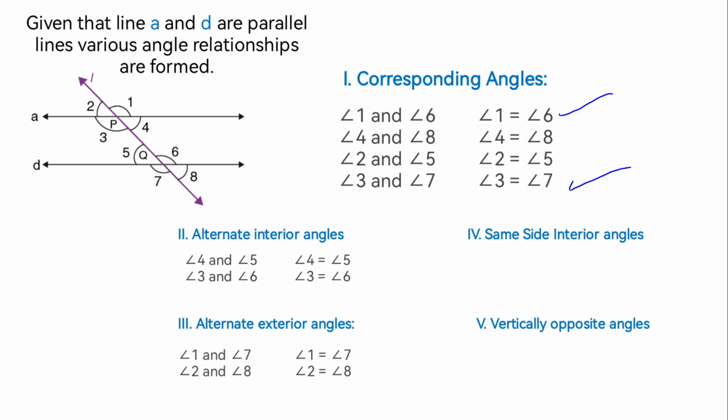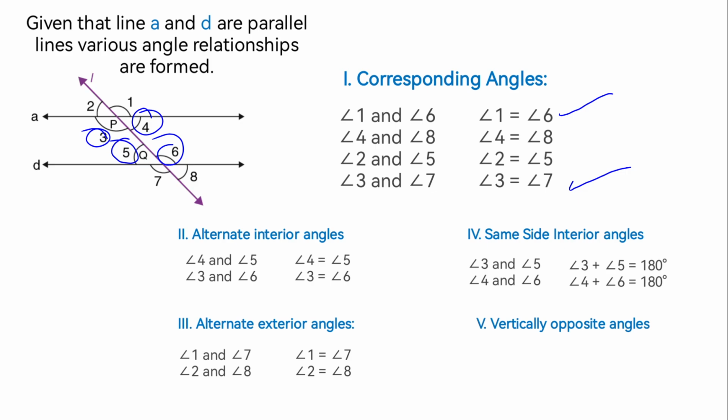We also have here the same side interior angles. By looking at the figure, angle 3 and angle 5 are considered same side interior angles. Then angle 4 and angle 6 are also considered same side interior angles. Since they are same side interior angles, their sum is 180.